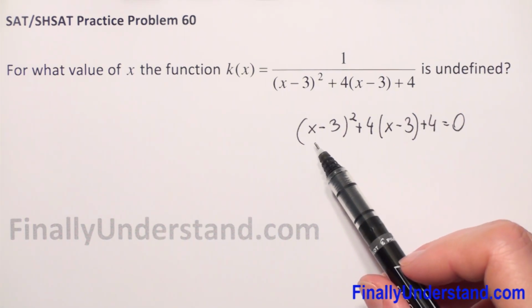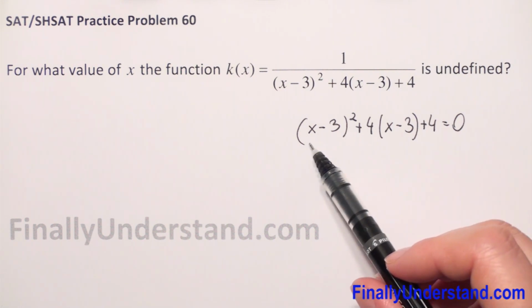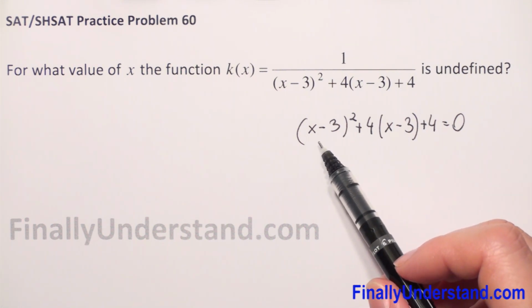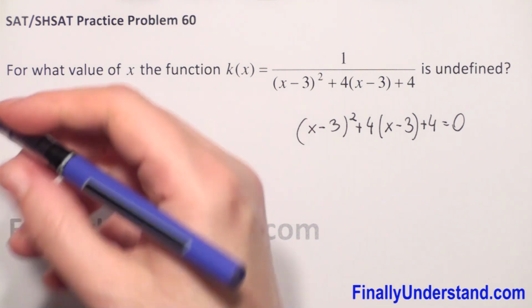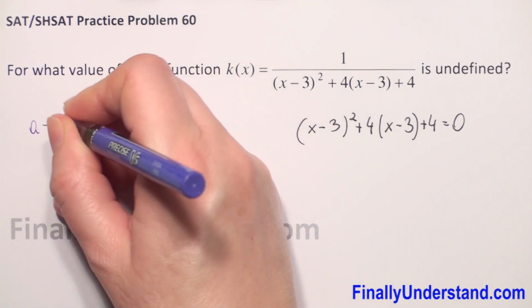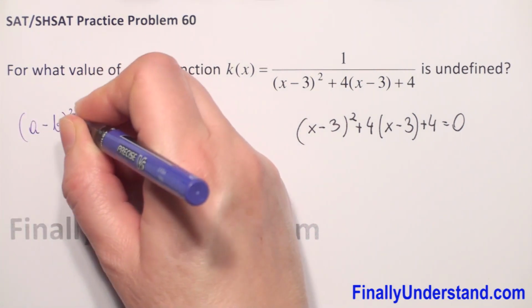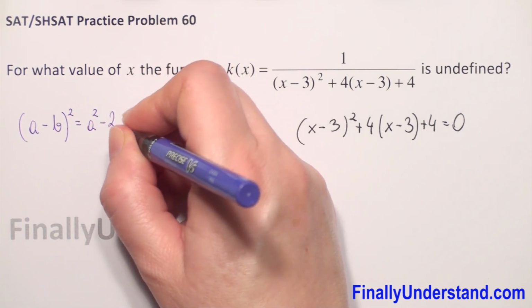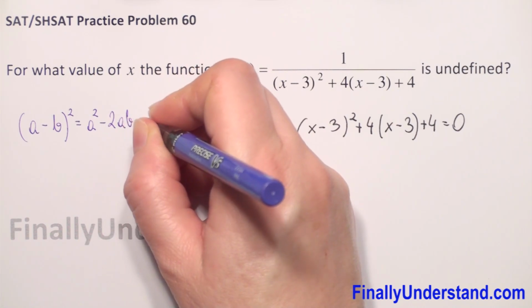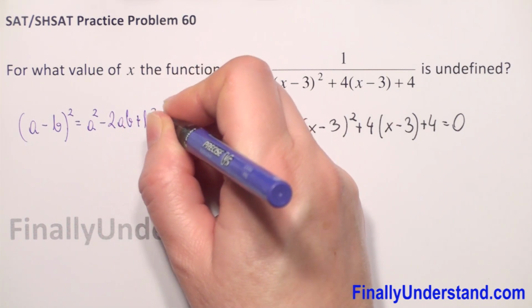What we have here? We have x minus 3 to second power, so we will use formula square of difference. Let me remind you the formula. A minus b to second power, this is equal a square minus 2ab plus b square.